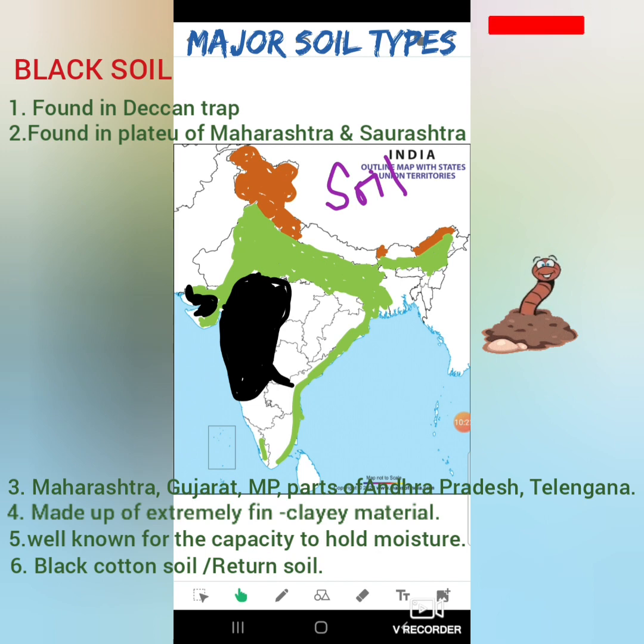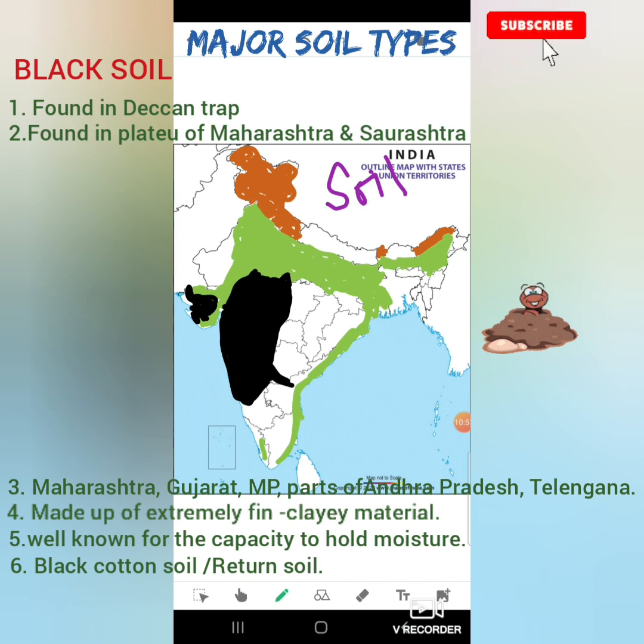As this area is made up of clay material, and clay contains a lot of moisture, they are well known for their capacity to hold moisture. If a soil is holding more moisture, then that will be very good for the growth of agriculture. So with this your black soil part is over.